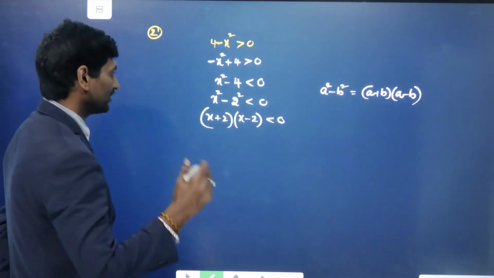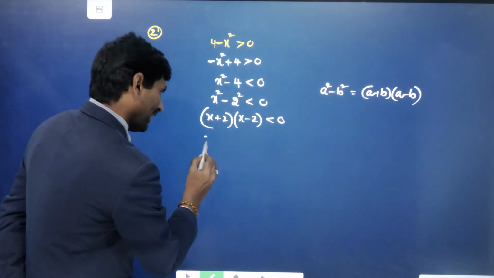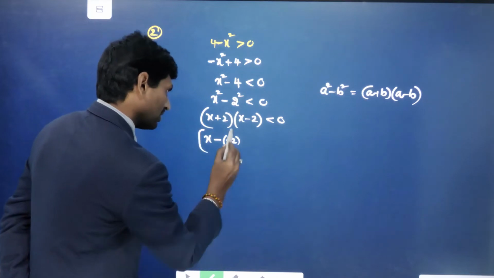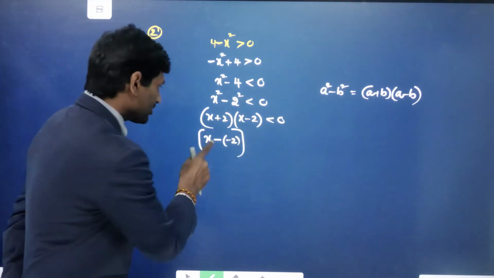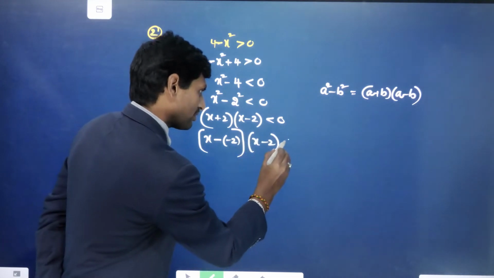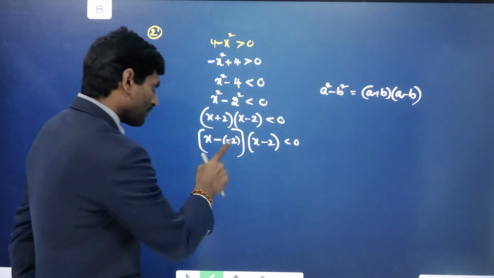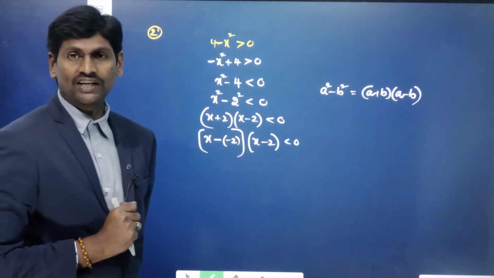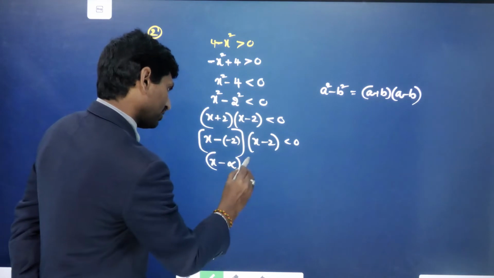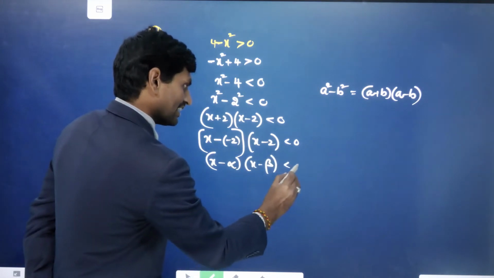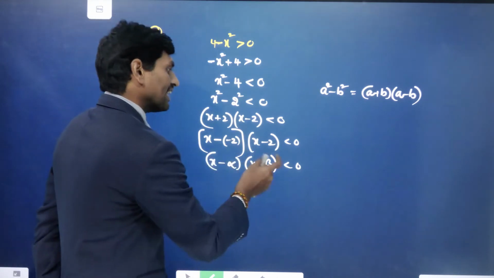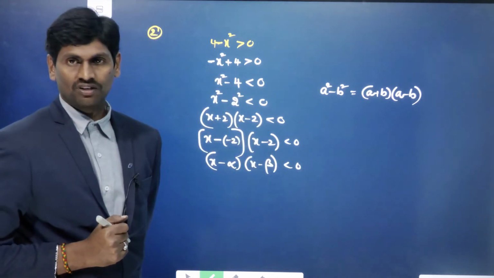Now x plus 2 I can write as x minus of minus 2, because minus into minus becomes plus, and this is x minus 2. Therefore the roots are minus 2 and plus 2. That means it is in the form of x minus alpha into x minus beta less than 0, where alpha and beta are roots, alpha less than beta.